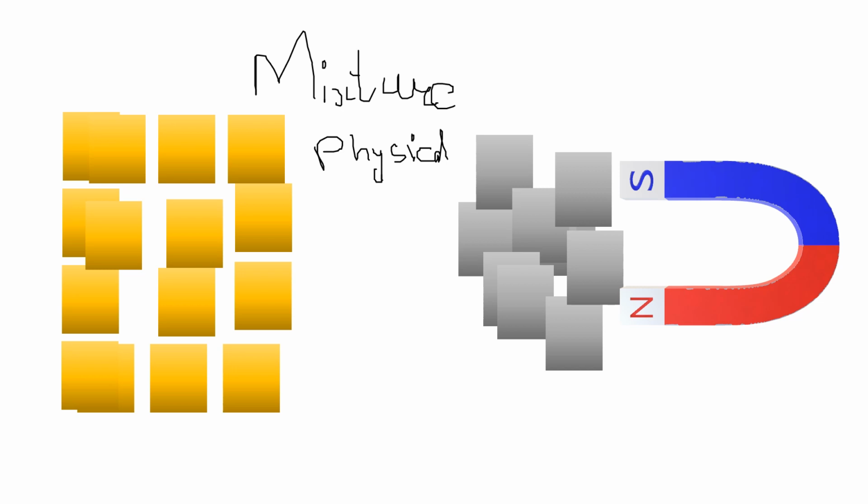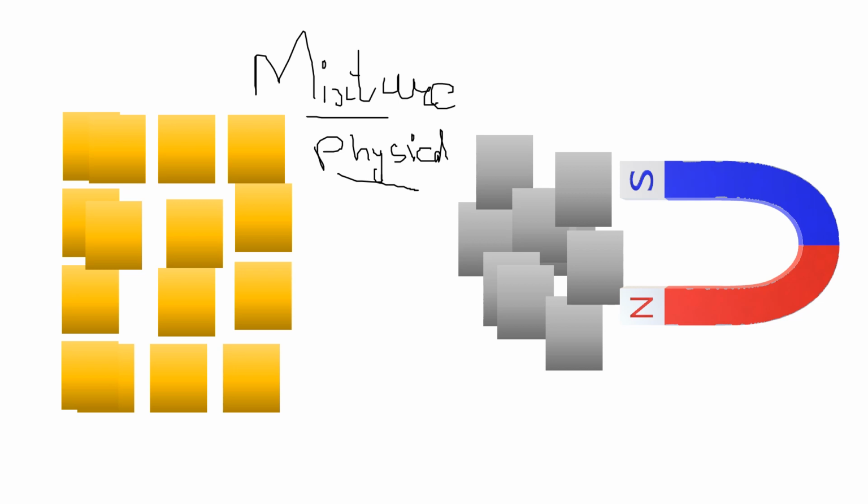I am simply cutting them down, making a mixture, and when I place a magnet near it, all the metal sheets are attracted towards the magnet. So there is a breakage in the composition, the attraction that we made between the paper and the metal. These types of mixtures are basically called physical change mixtures. Remember, physical changes always make a mixture.